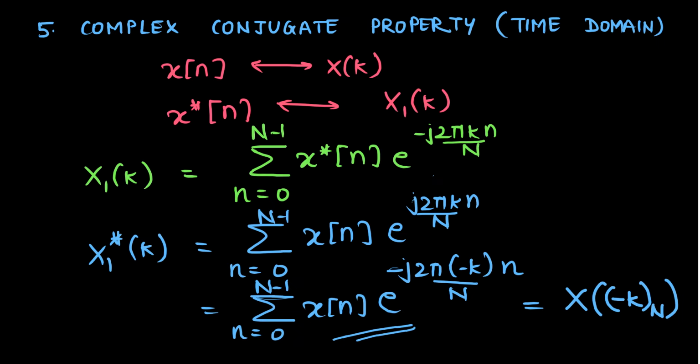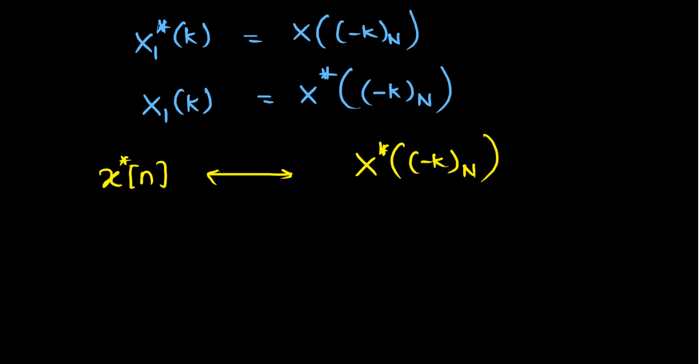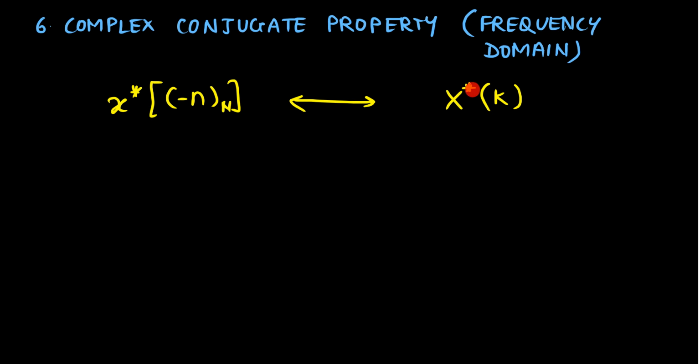The next property was the complex conjugate property, and we saw that if we have the complex conjugate of the time domain signal, we are going to get a complex conjugate in the frequency domain, but it would be circularly flipped. Similarly, if we have a complex conjugate in the frequency domain, we obtain a complex conjugate in the time domain but circularly flipped.